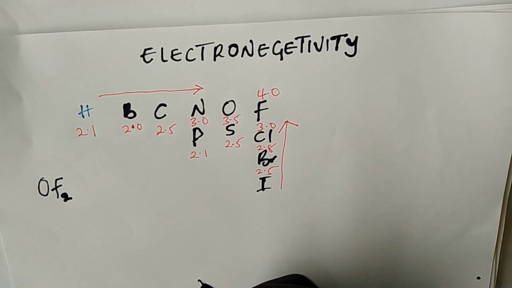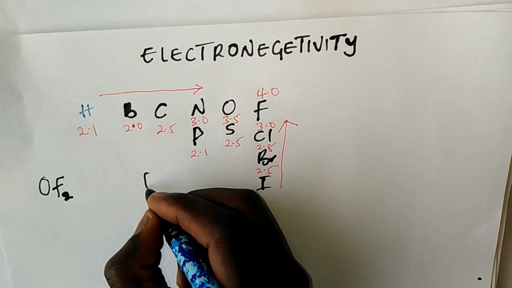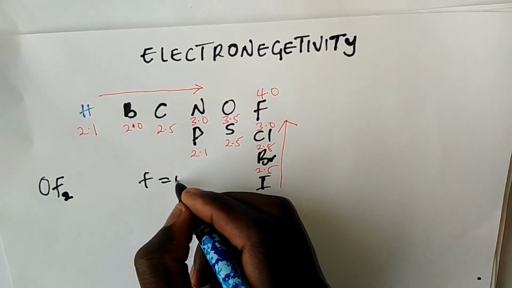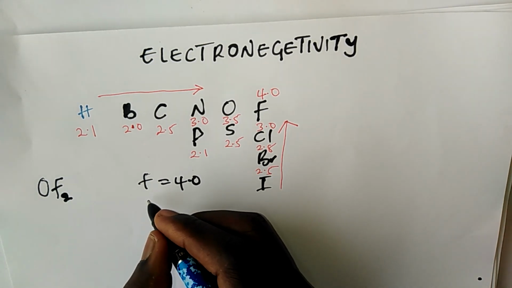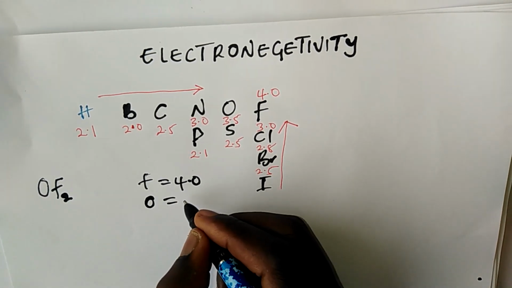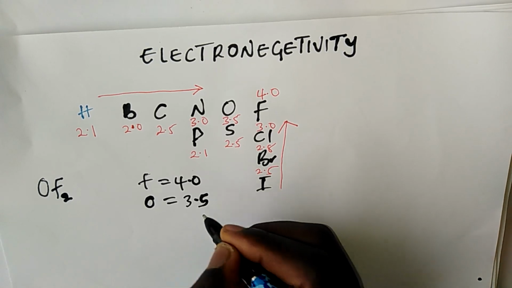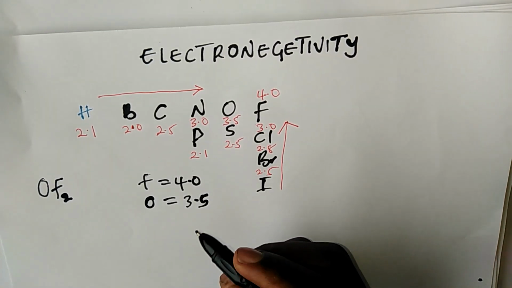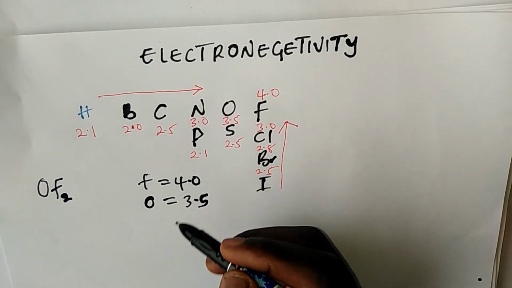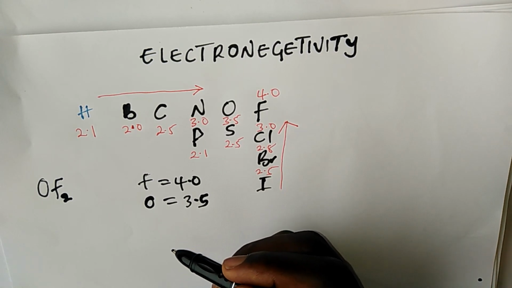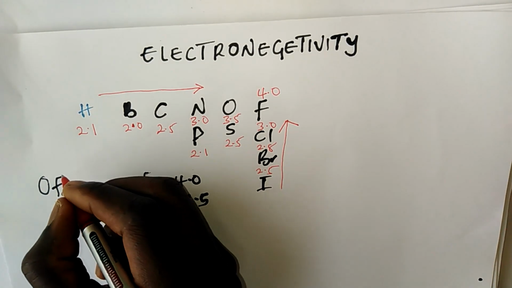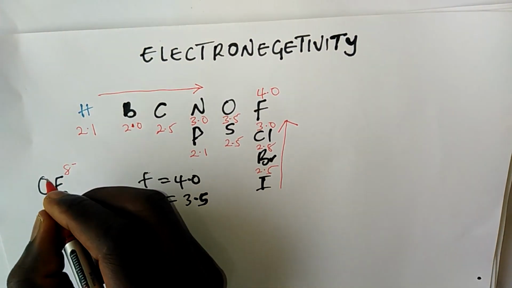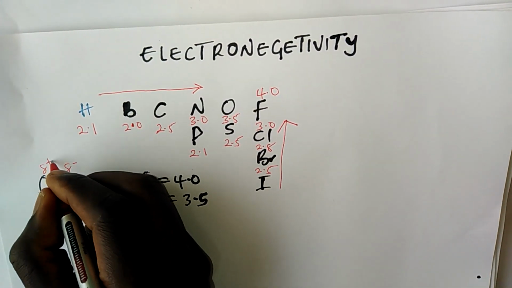Now we know that fluorine has an electronegativity of 4.0 and oxygen has an electronegativity of 3.5. Now you see, between fluorine and oxygen, which has higher electronegativity? Fluorine, right? So fluorine will be partially negative while oxygen will be partially positive.